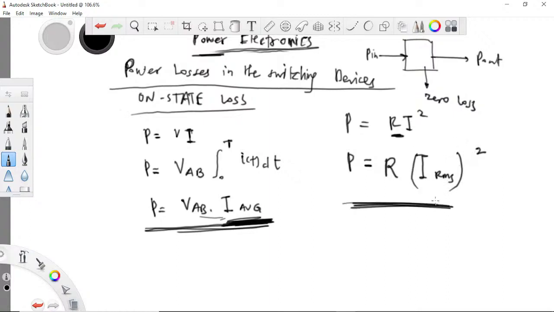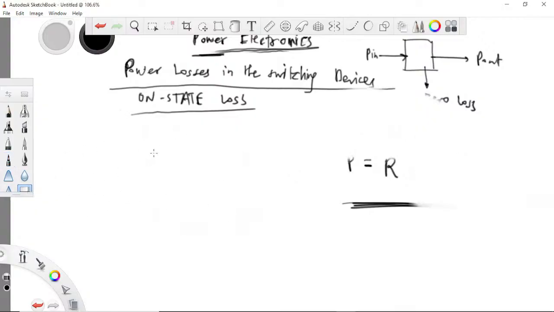So if the model is a voltage source, we use the voltage times the average current. If the model is a resistor, then it's the resistance times the RMS current squared. Now let's see how this relates to the model. That's why I said it was important to know the model.